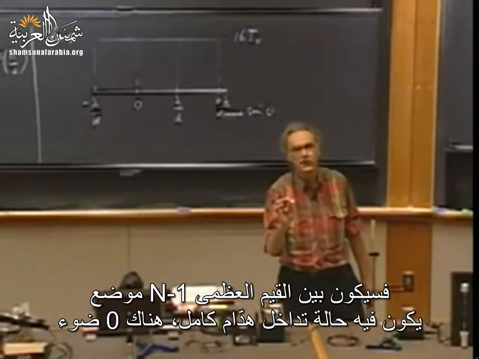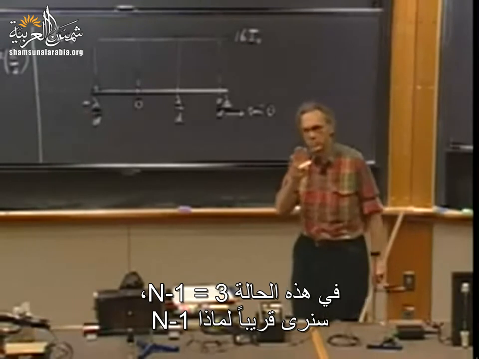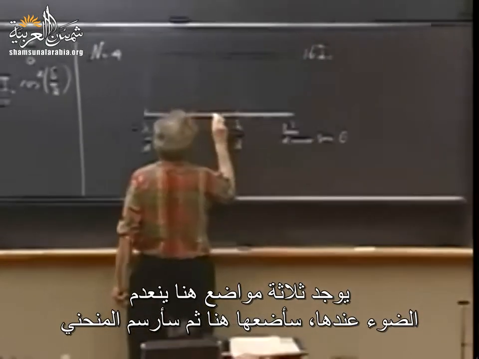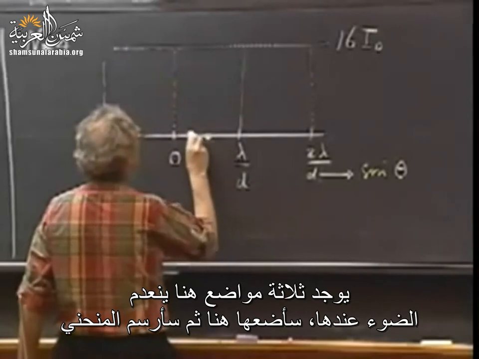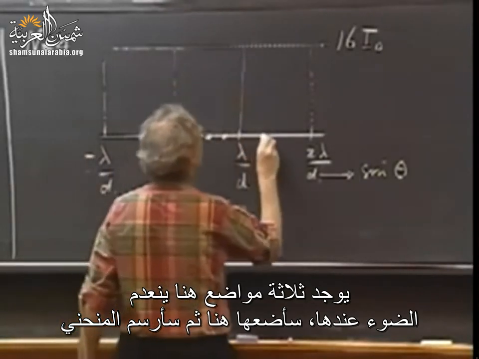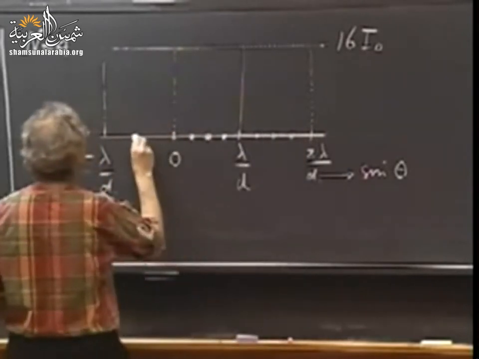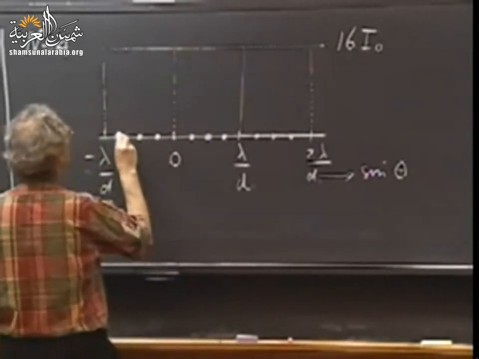There's 0 light. n-1 in this case is 3. You will see shortly why it is n-1. So there are 3 locations here whereby there is 0 light. I put them in here, and then I will draw the curve.